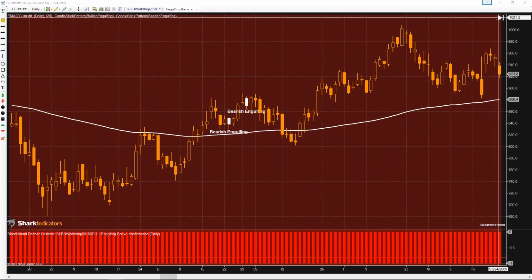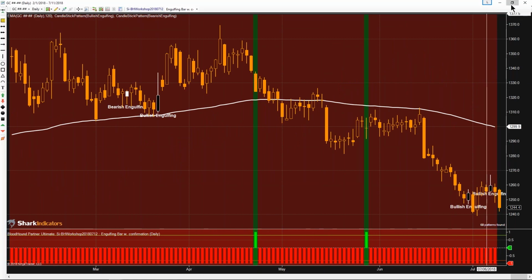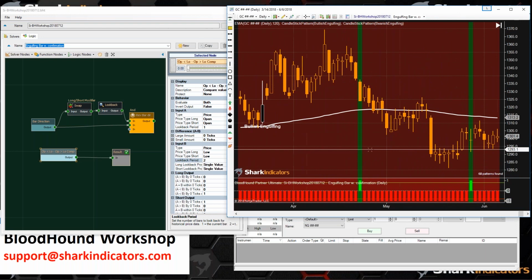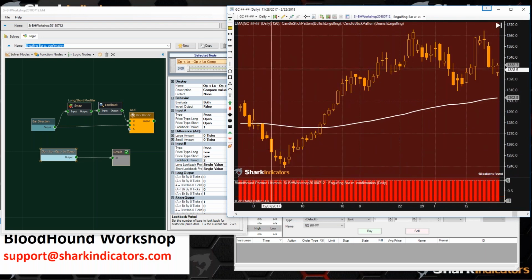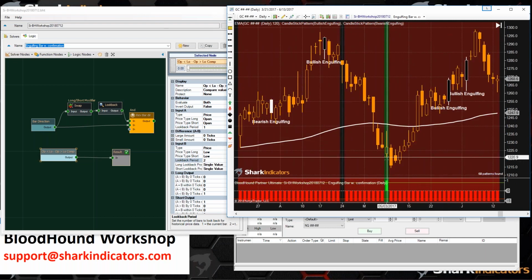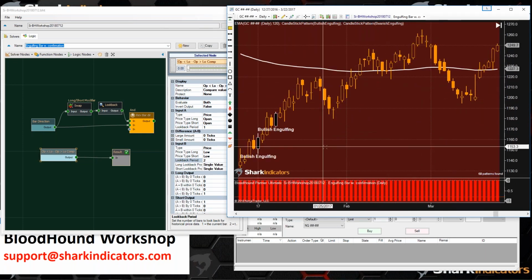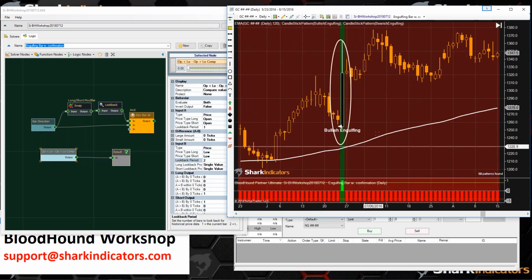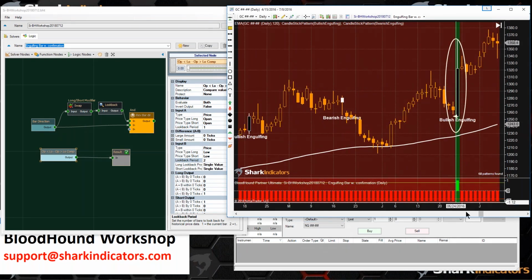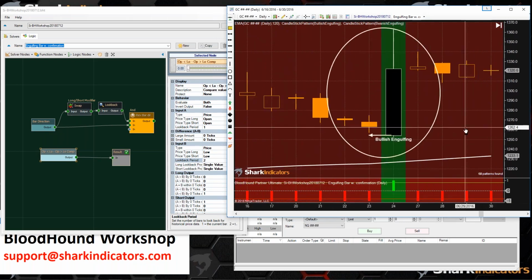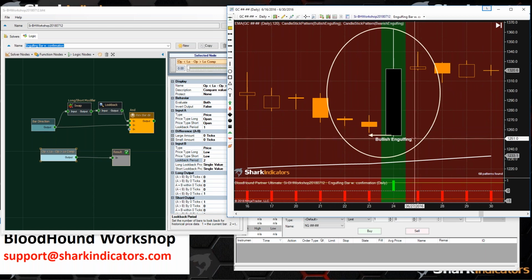Well, I'm not finding anything on gold here, so I'll have to switch back to oil. I don't want to take forever on trying to find that, so let me go back to the bullish engulfing pattern I found. Here we go. Let's keep on going, and we'll use this bullish engulfing that we found.